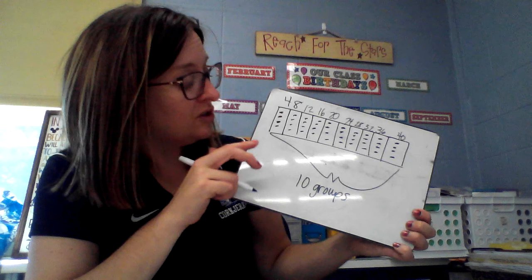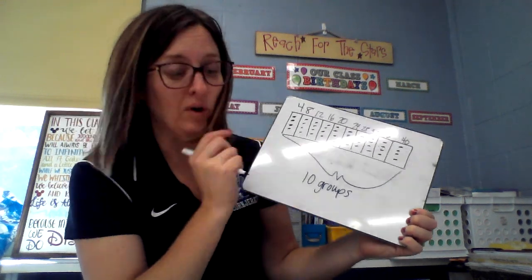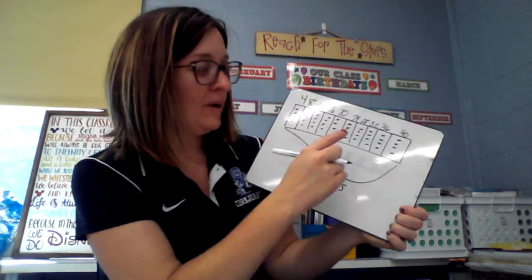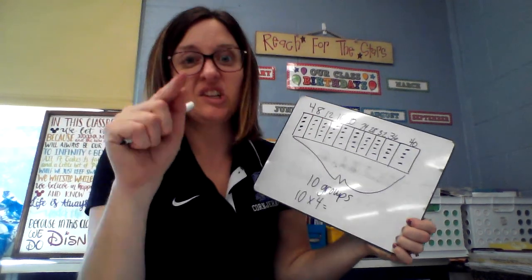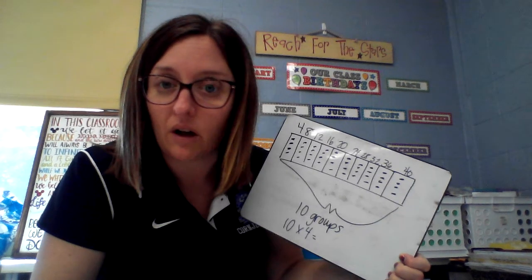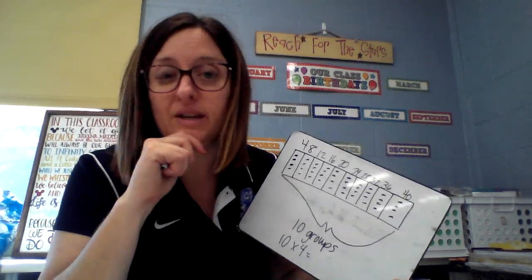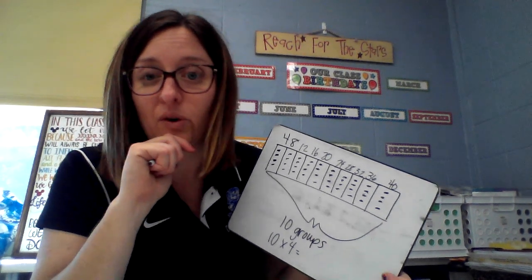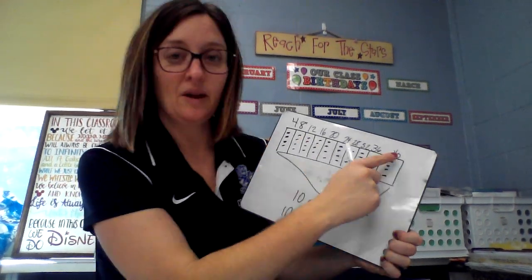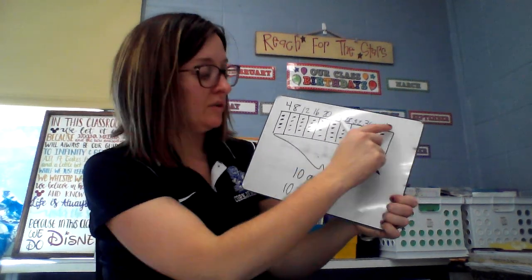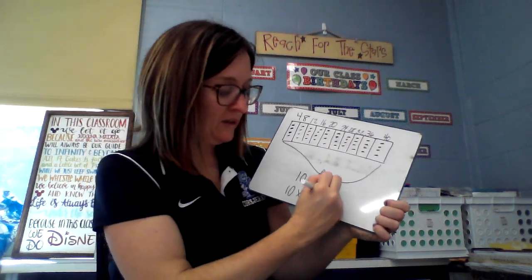So if I look here, I have my 10 groups, 4 in each group, so 10 groups of 4. And by skip counting, I didn't have to count each individual circle because that would take a really long time to count 1, 2, 3, 4, 5, 6, 7, 8. But because we're in 3rd grade and we're getting better at math, we know we can just skip count. And that's what we did up here. And when I do that, I can tell that 10 times 4 equals 40.